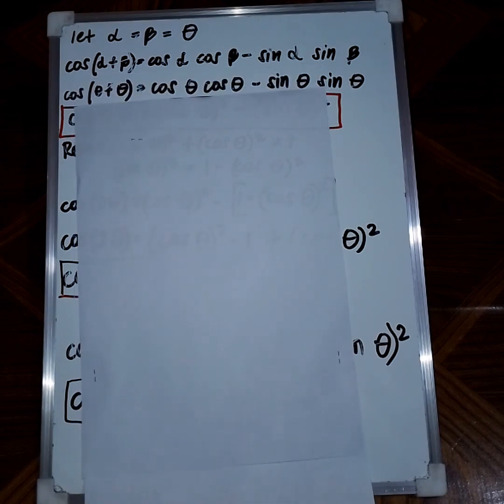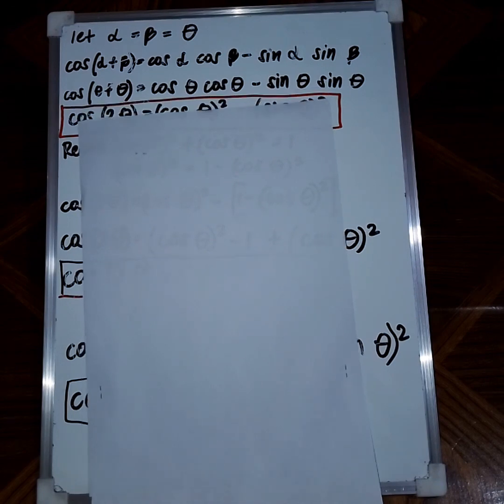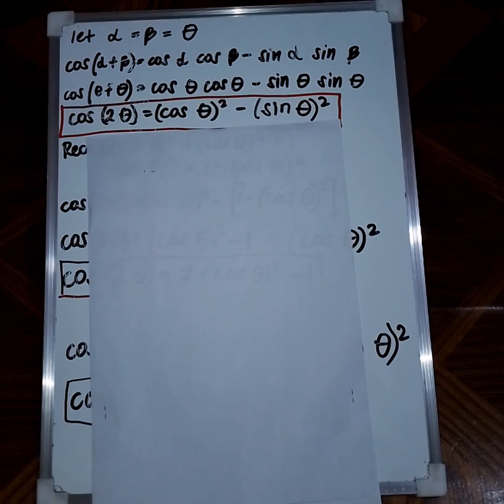So, magiging cosine theta plus theta, equal lang din kay cosine theta times cosine theta minus sin theta times sin theta. So, combine like terms, yung magka-multiply, i-multiply natin ito. So, magiging cosine 2 theta equal lang din kay cosine squared theta minus sin squared theta. So, may isa na tayong na-prove.